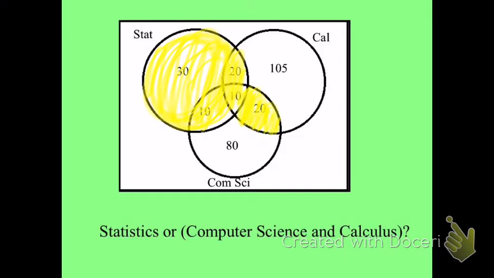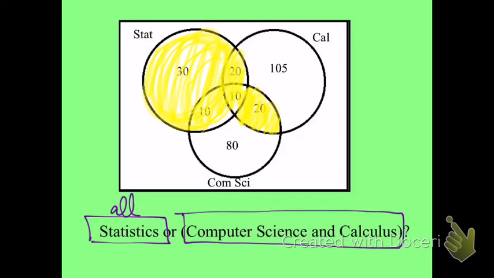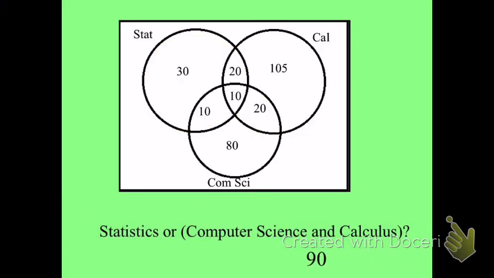So 30, 20, 10, 10, 20. It's treating these as separate. And since there's an or in between, that means I shade both areas. So you should get 90.